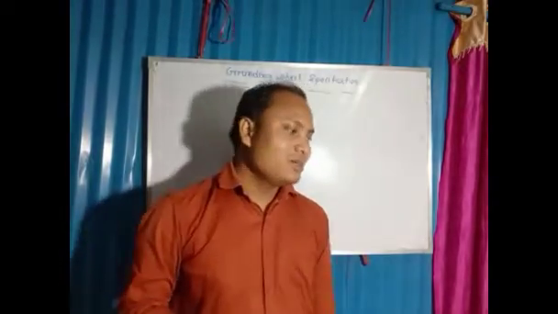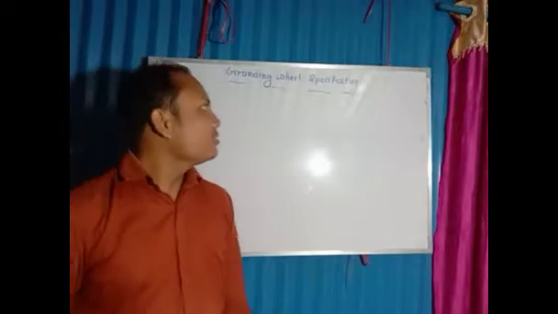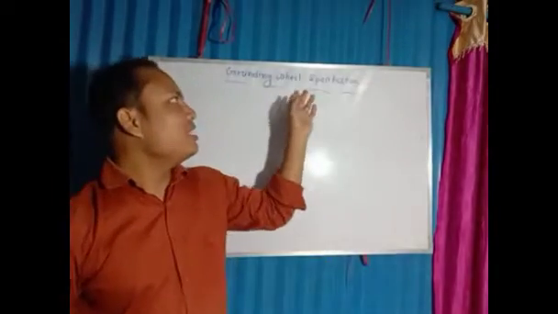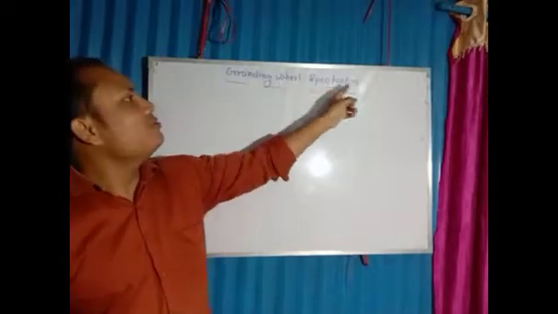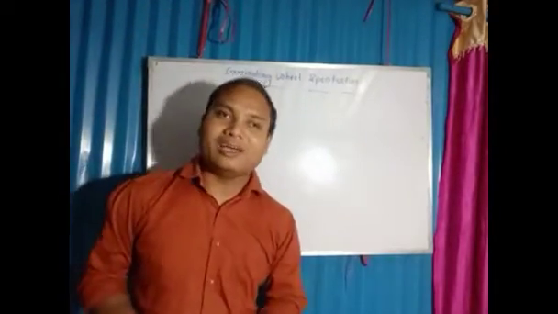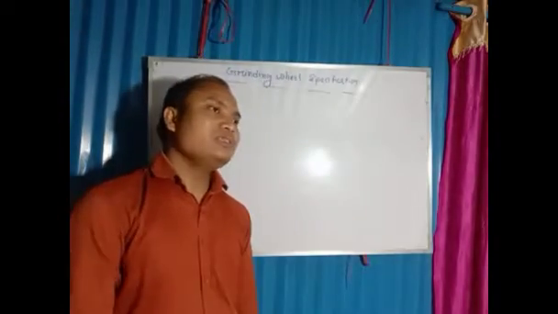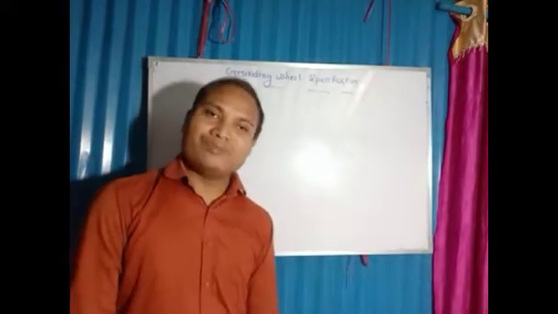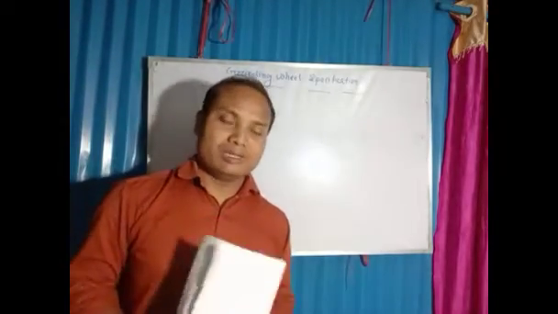Today I will discuss with you the headline which is written: grinding wheel specification. First of all, we have to understand what a grinding wheel is. Sorry, what is a grinding wheel?